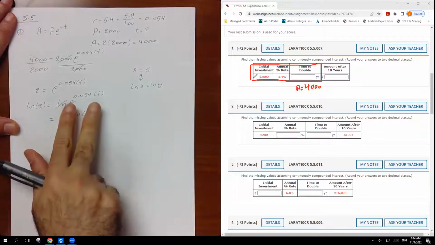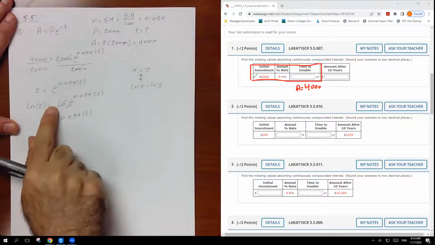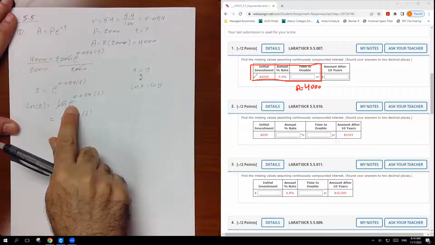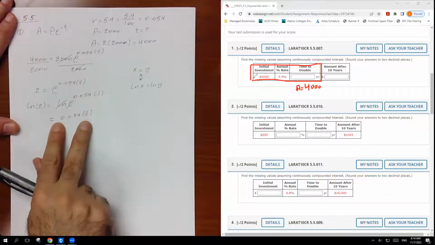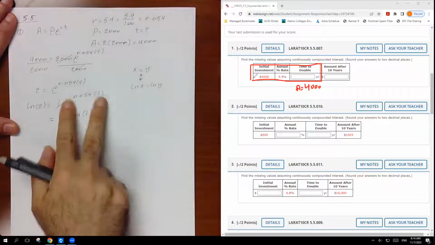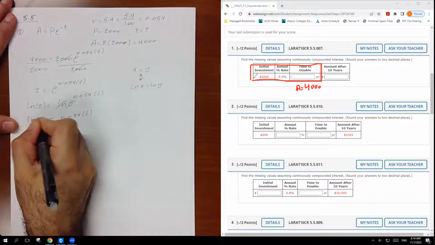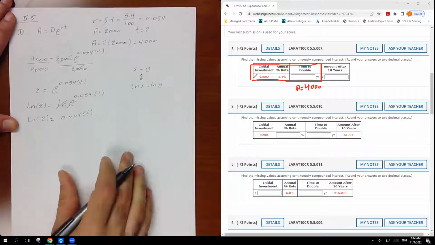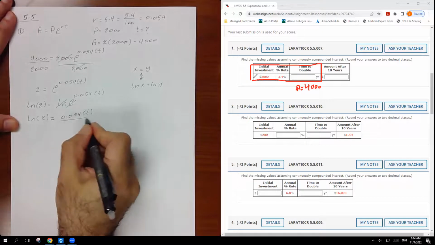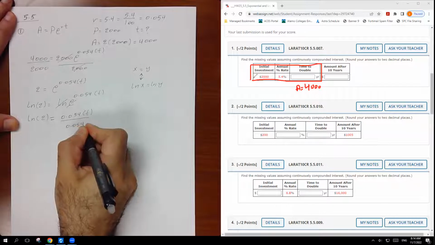In fact, it's just about canceling. You could move this one by using the power property in the front. ln e is going to be equal to 1. So it's going to be this one times 1, which is this one. But the easiest way, I'm just going to cancel these and write this down as a number. And here is the left side, which is ln 2. Then I'm going to find the value of t by dividing both sides by 0.054.